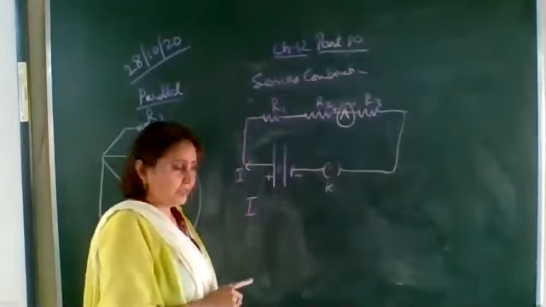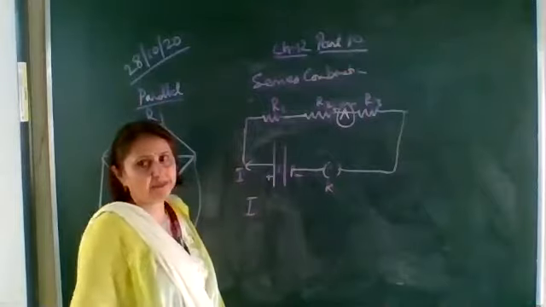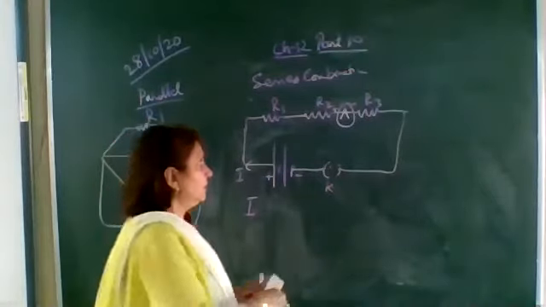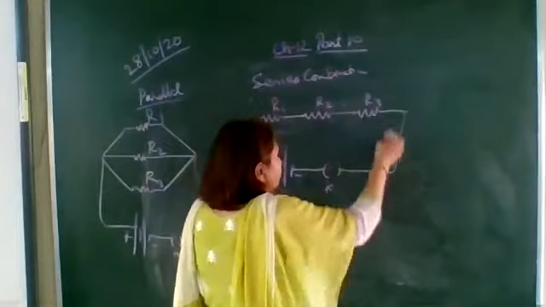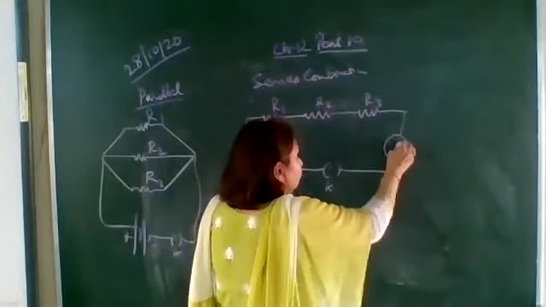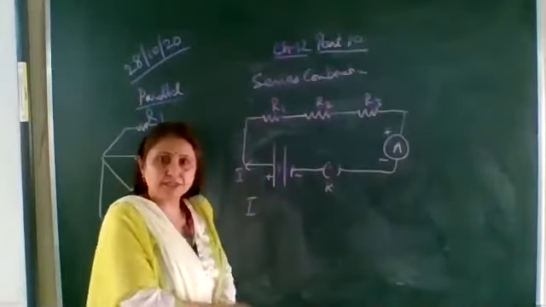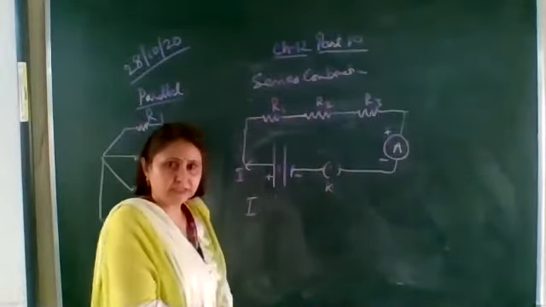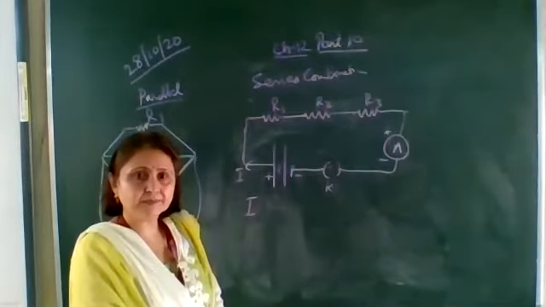Note down the ammeter reading after inserting the key. Again you will see that the ammeter reading is I only. At one more place you can connect it. Now suppose the ammeter is connected over here. Again measure the ammeter reading after inserting the key. Here it will be seen that the ammeter reading is I only.